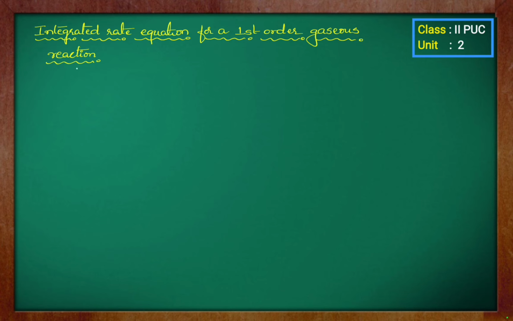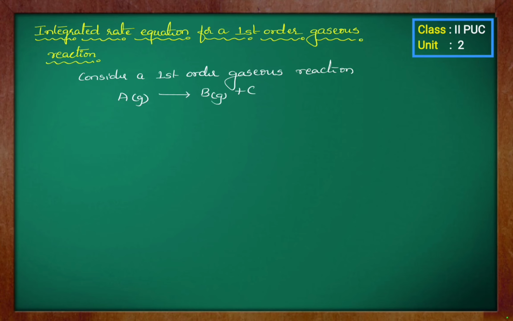Let us discuss how we can write the integrated rate equation for a first order gaseous reaction. For this purpose, let us consider a first order gaseous reaction where from gaseous reactant A, we will be getting gaseous products B and C. Now let us consider the initial pressure of A as P1.